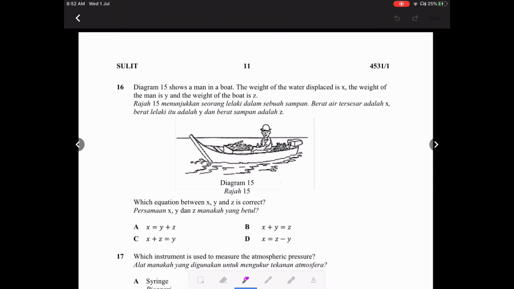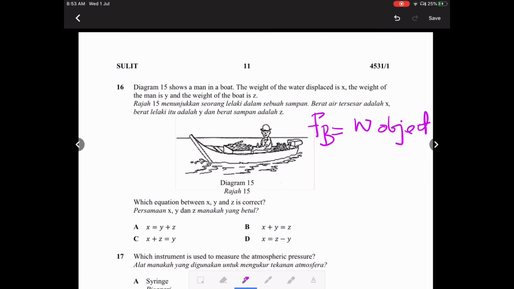Okay, the diagram 15 shows a man in a boat. The weight of the water displaced is X. The weight of the man is Y. And the weight of the boat is Z. So, which equation X, Y and Z is correct? So, ini berada dalam keadaan floating. Bila keadaan floating, maknanya buoyant force dia adalah sama dengan weight object.